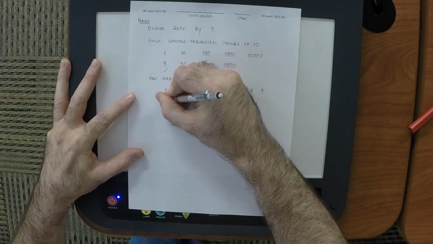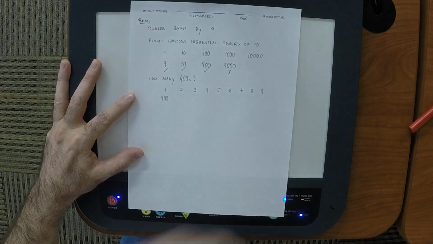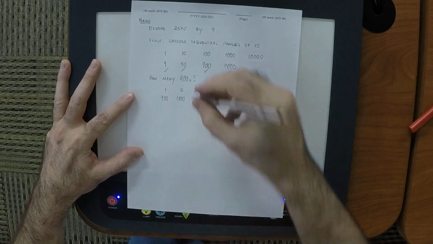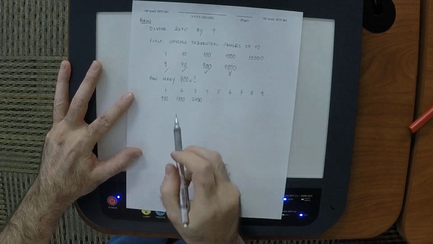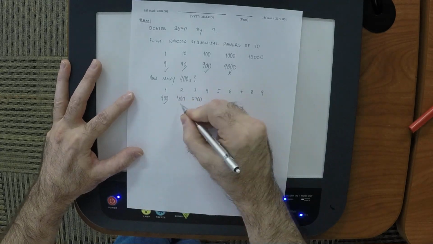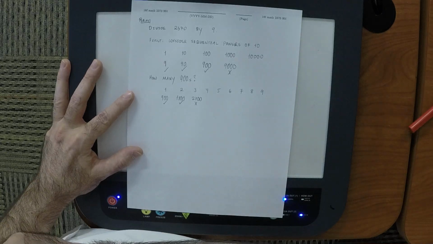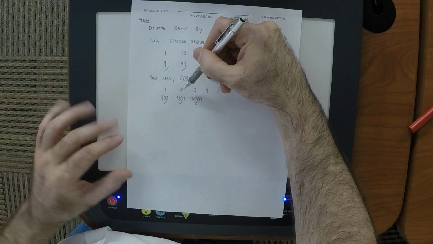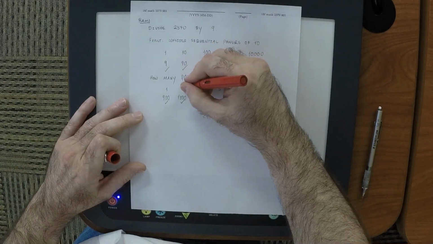All right. So then how many 900s? Okay, from 2370, can we take 900? Yes. Can we take 1800? Yes. Can we take 2700? No. So we can do this, but we can't do that. That means that we can take 2 900s. That means that we have a winner.